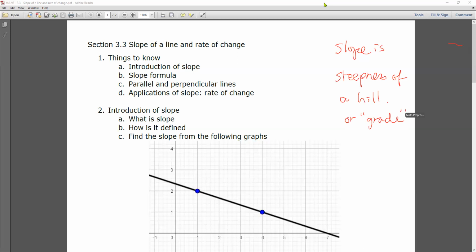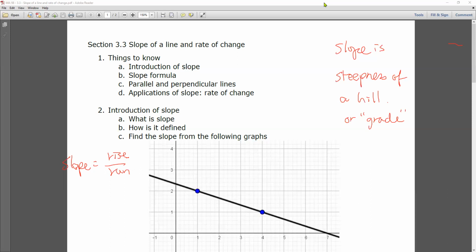Now the way we define slope is rise over run. Okay, so this is a definition we're going to go with for now.